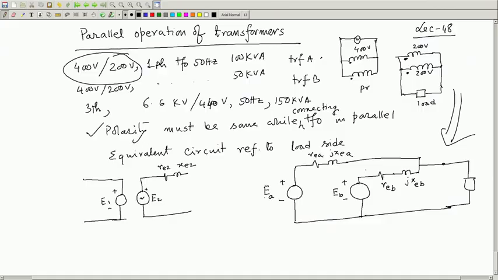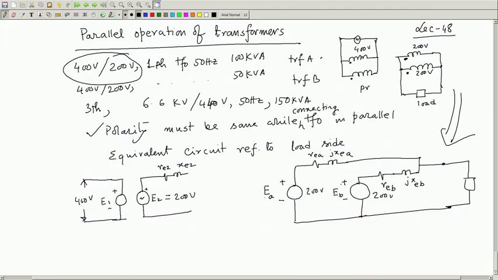Now, in general, if the voltage ratings are same, and you apply 400 volt here, then this induced voltage will be 200 volt. So, here also it will be 200, here also it will be 200 volt, and you get the current. Now, at this point I will tell you that these two are after all different transformers.